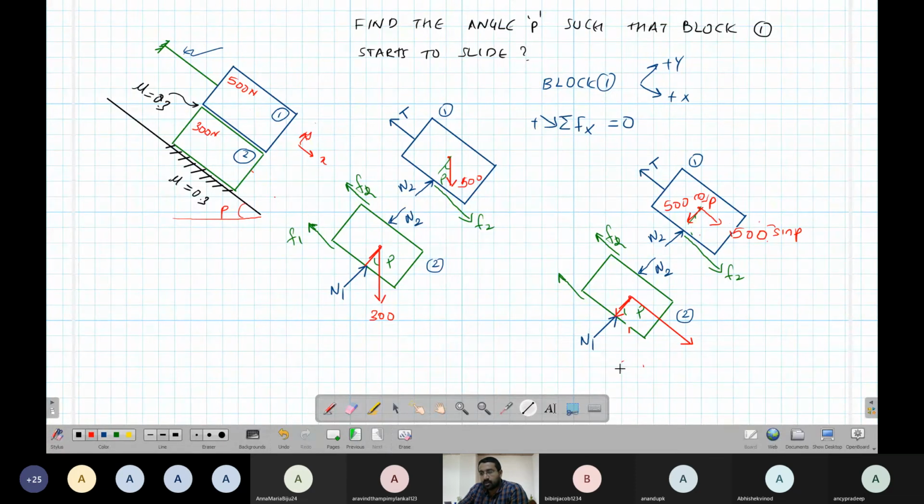This will be equal to 300 sin P, P is the angle, and this will be equal to 300 cos P. Okay. So we have forces. Direction, all direction force കിട്ടി, നമുക്ക് ഇതിന്റെ components എടുത്തു കഴിഞ്ഞാൽ നമുക്ക് solve ചെയ്യാം. So now it should be easier.